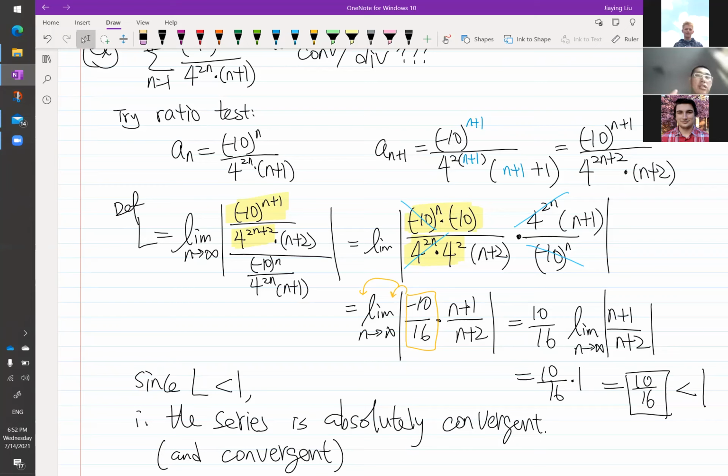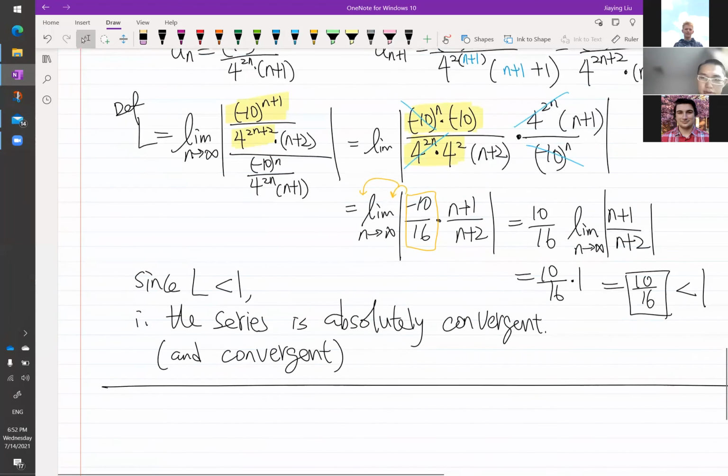For examples on the exam, if it asks you to decide if a series is convergent or divergent, let me just digress for a second. For the exam questions, you have the divergence test you can use. You have the p-series test you can use.